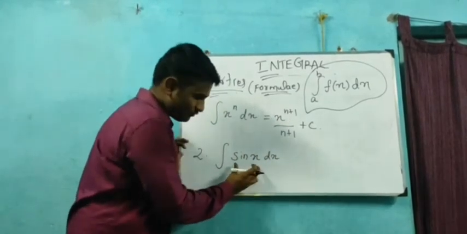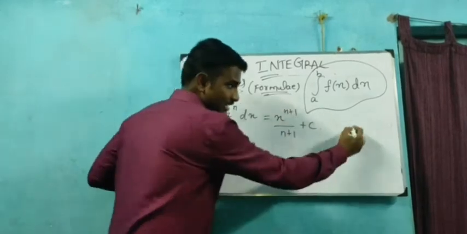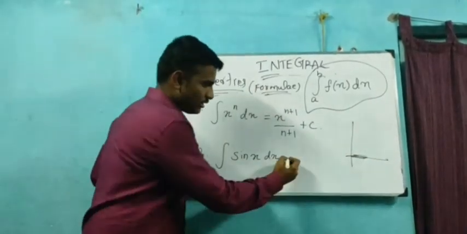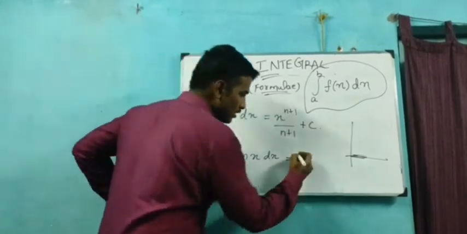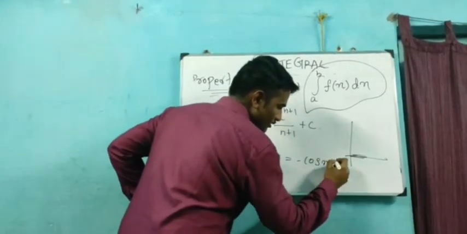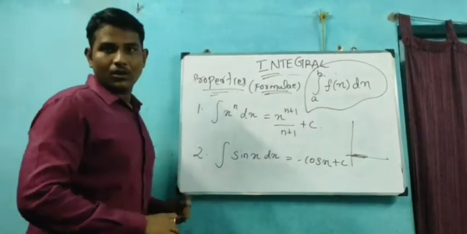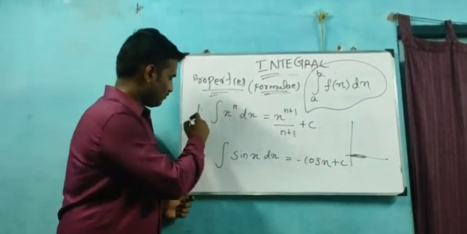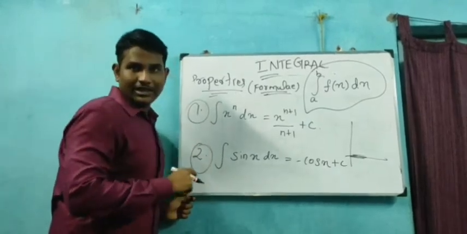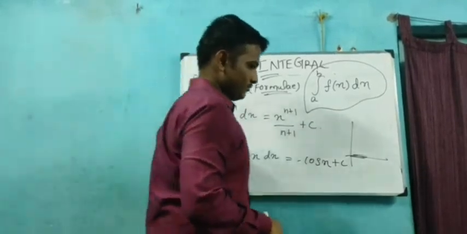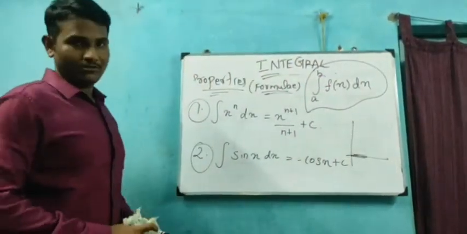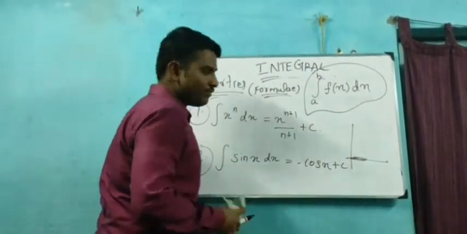What does dx mean? It is the small change in the graph. So the integration of sin x is minus cos x plus c. So this is the second formula. Just take it down, everyone. We will move to the next formula.